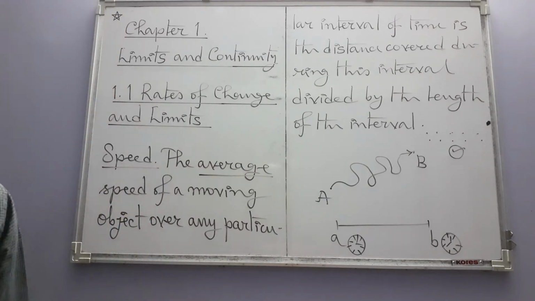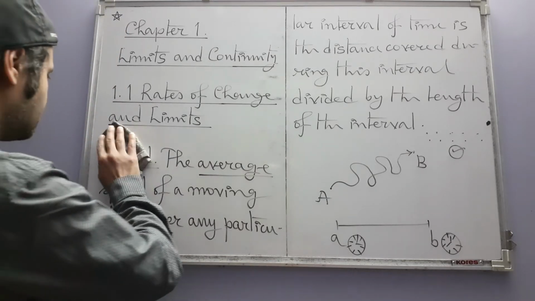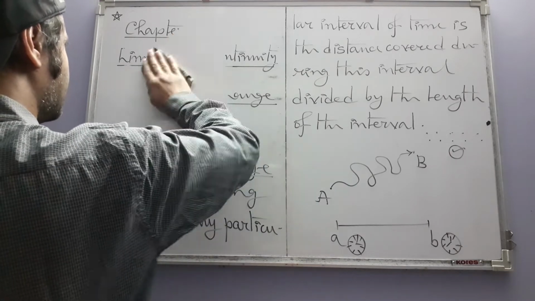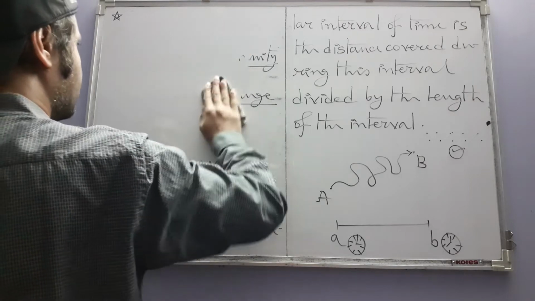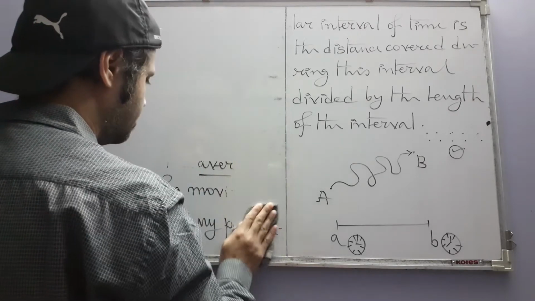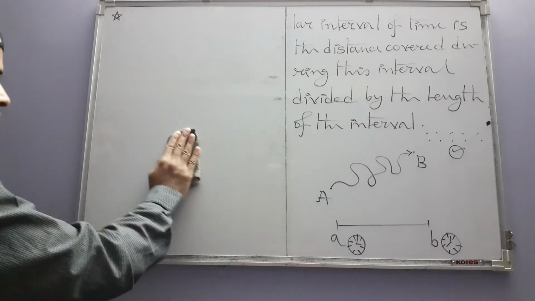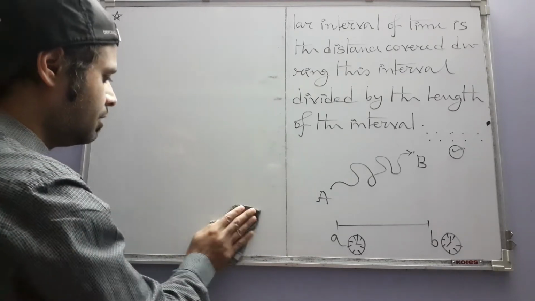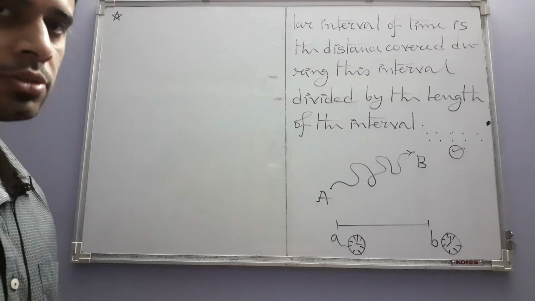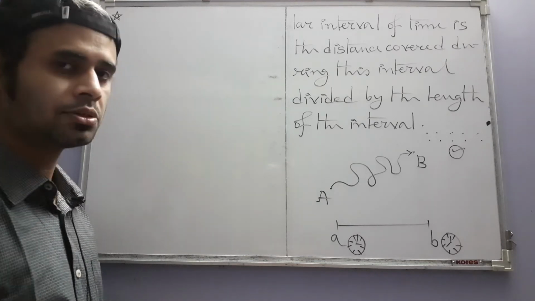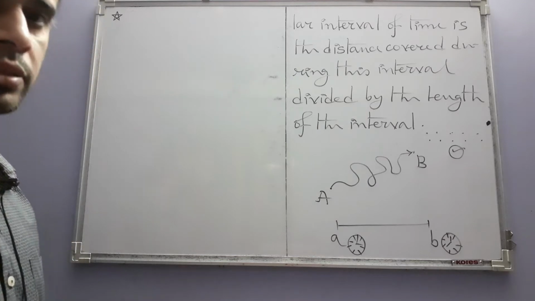Let us now see the first example in which we have been asked to calculate the average speed of a body. Now this notion of average speed will give rise to a situation in which we will see that we are no longer able to do things with simple algebra.